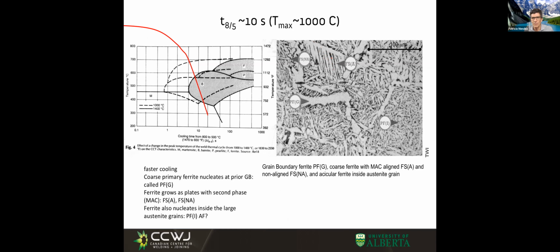And what grows in between the Widmanstätten ferrite is some carbides that are precipitated. And then all this other kind of jumble, whatever we call it, this is a bainitic microstructure, a microstructure that comes from bainitic transformations. So primary ferrite, including some Widmanstätten ferrite, and then this bainitic microstructure inside.